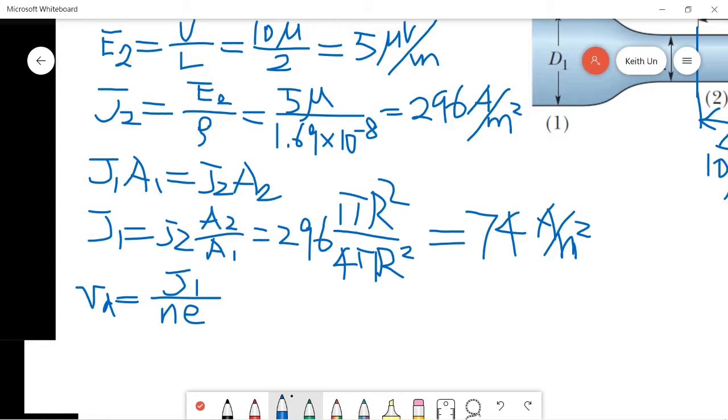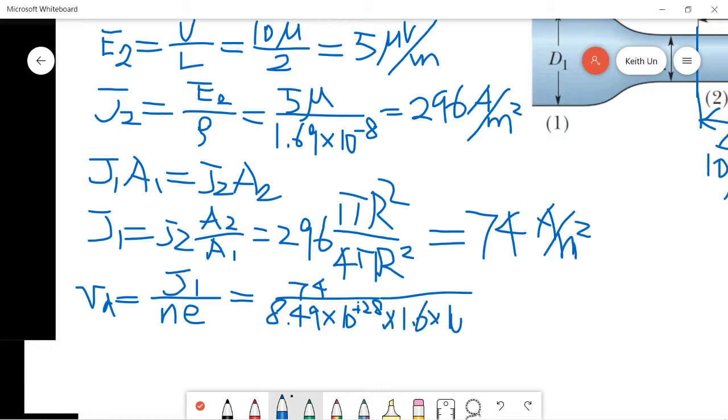So we have vd equals J1 over ne, and we have 74 over 8.4 times 10 to the 28 times 1.6 times 10 to the minus 19.